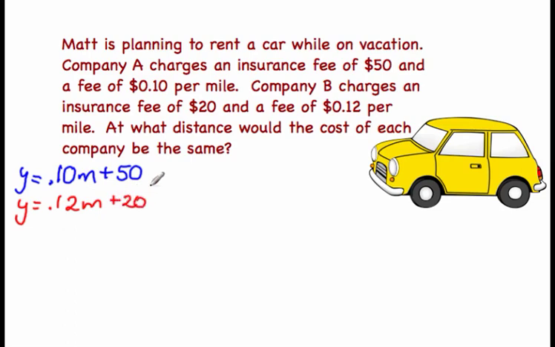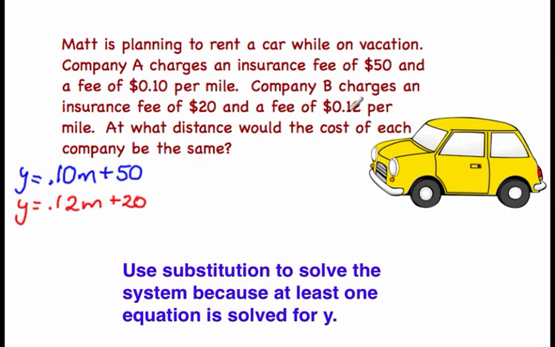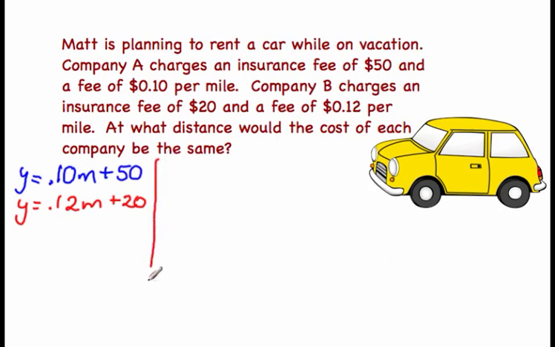Once they're set up, we can use substitution to solve our equations. We've got two y equals equations. So remember, we use those three columns, and it doesn't matter which one we put in the first column. Let's just put the first one here, and we'll put the second equation in the third column.